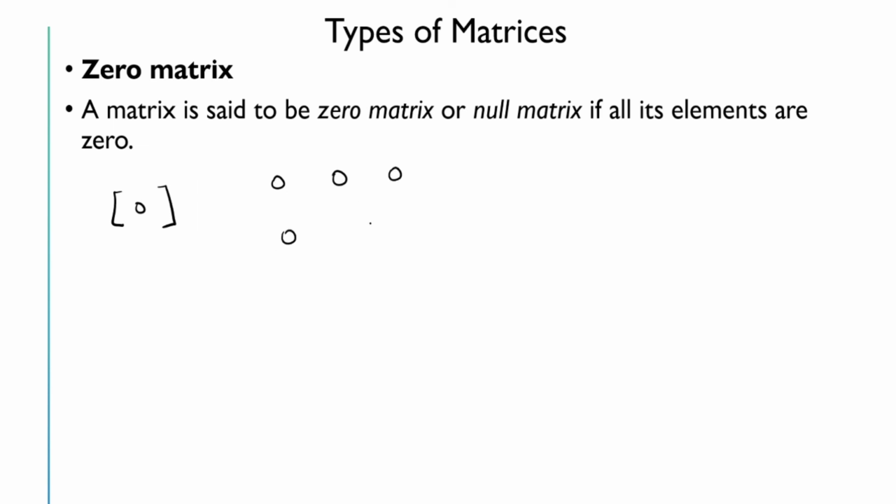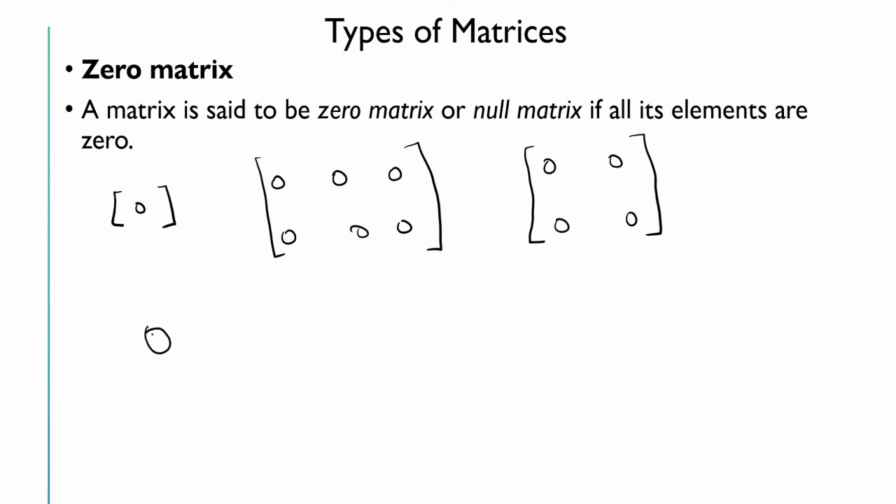This is a zero matrix of order 2 by 3, or this is a zero matrix. All these are zero matrices. Usually a zero matrix is denoted by the letter O. I hope this is clear.